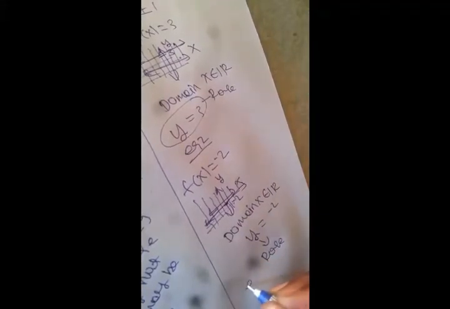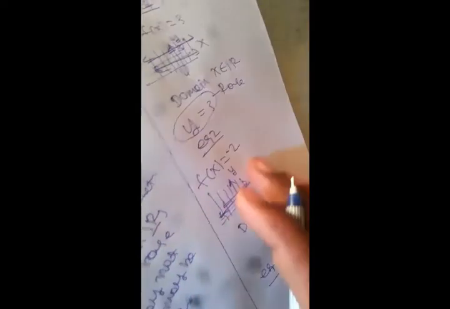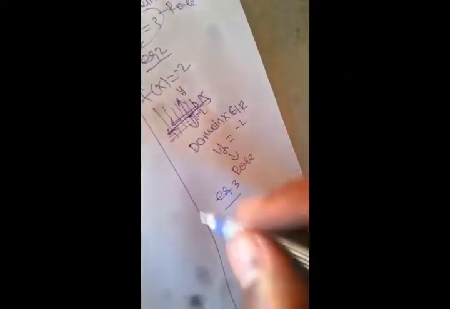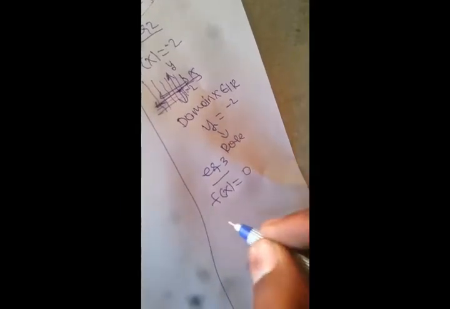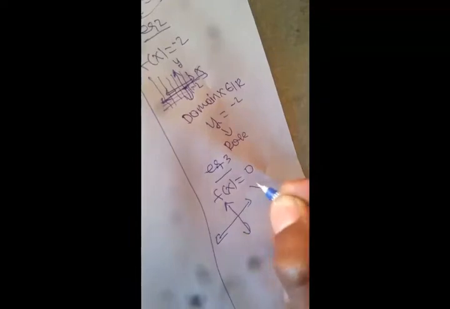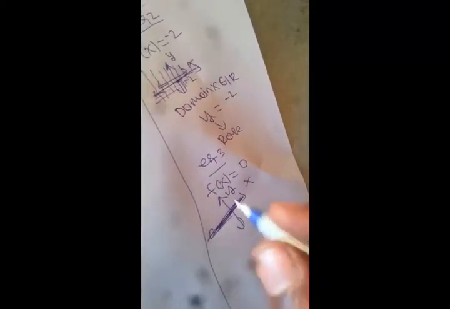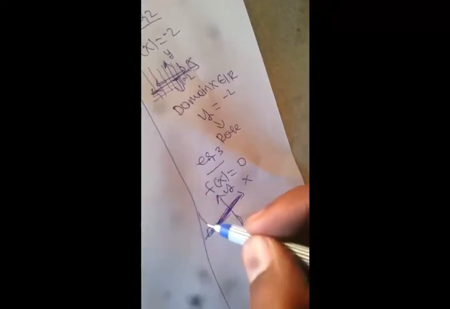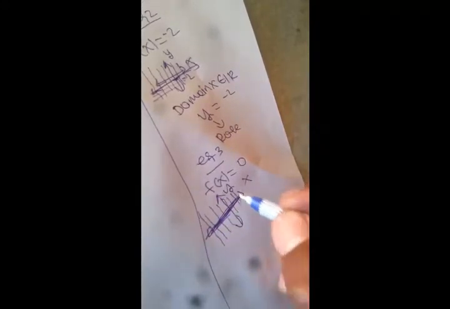Example 3 will be f of x is equal to 0. When you draw this, it will look like this. This is x, this is our equation, and whenever you draw a vertical line, it always crosses the equation.